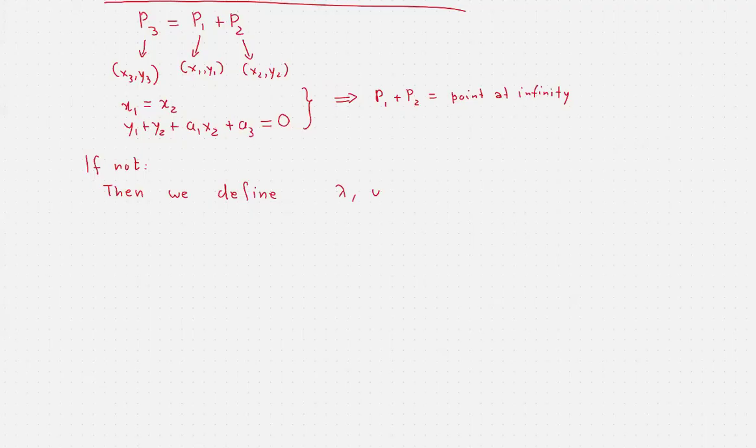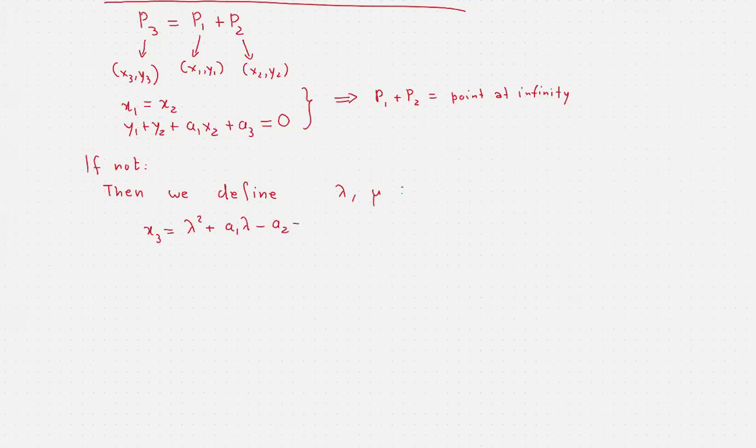I'm going to give the definition in one second. I'm going to show you how these numbers give us the coordinates for x3 and y3. In particular, x3 is going to be lambda squared plus a1 lambda minus a2 minus x1 minus x2.